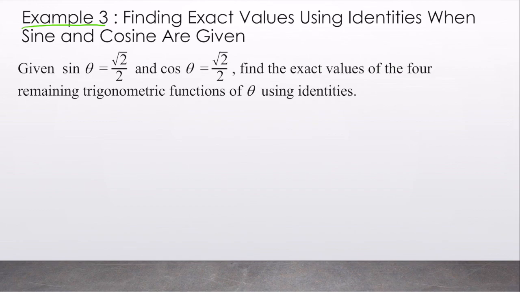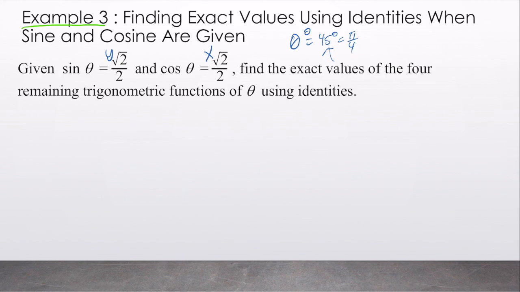So what we need to do is find an exact value using identities when only the sine and the cosine are given. So if sine of theta is square root of 2 over 2, which is y, and cosine of theta is square root of 2 over 2, which is x, I bet you can guess what this theta is. Well, this theta would be 45 degrees or pi over 4 or any addition of 2 pi to that, right?